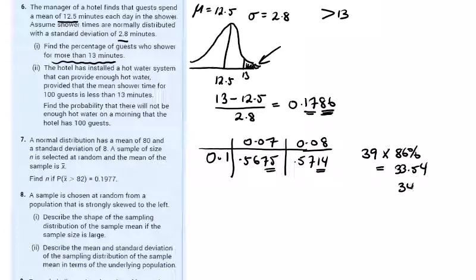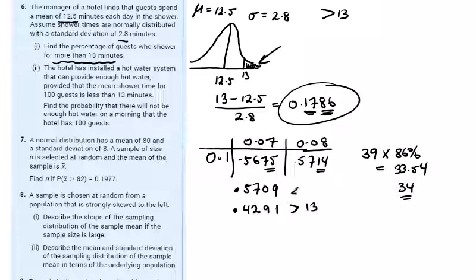So I'll round up to 34. So I'm going to jump 34 from 5675, so 5709 is the best value we can get for 0.1786. So the other side of that is 0.4291, which would be greater than 13, and 0.5709 less than 13.